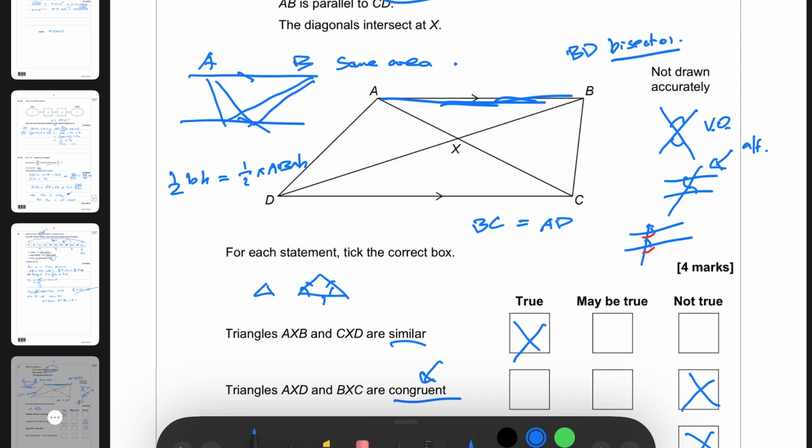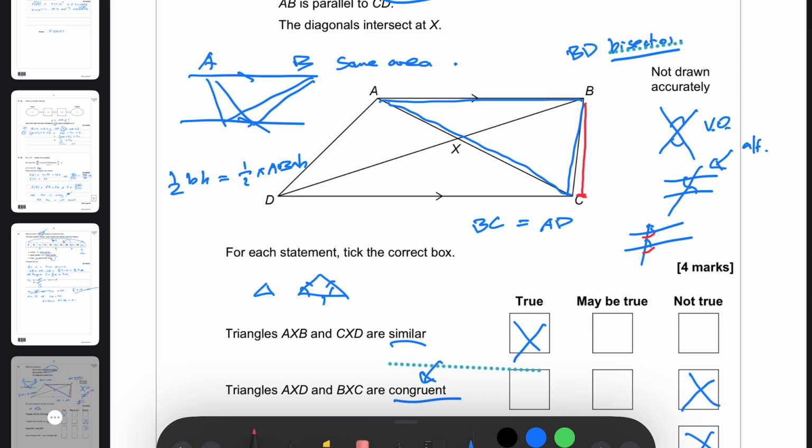And if we look at this triangle right here, we can see that it shares the same base as this triangle right here, and this height here is going to be exactly equal to this height here, since the height is the perpendicular. Let me draw that a bit better, because it's quite important here. The height of this triangle is going to be this length here, and it's going to stop at DC.